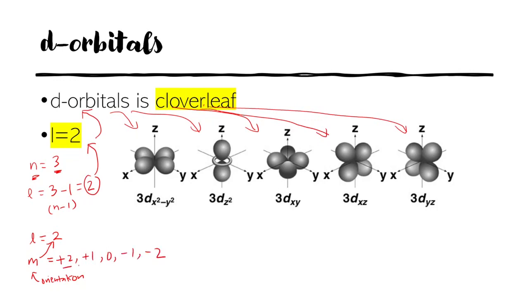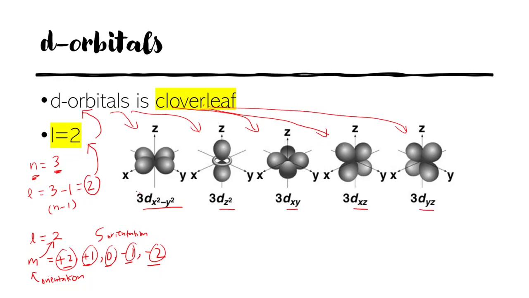This value does not show anything except how many orientations there are. So you count the numbers here, 1, 2, 3, 4, 5. So it means there are 5 orientations, and the orientations are dx square minus y square, dz square, dxy, dxz, and dyz.